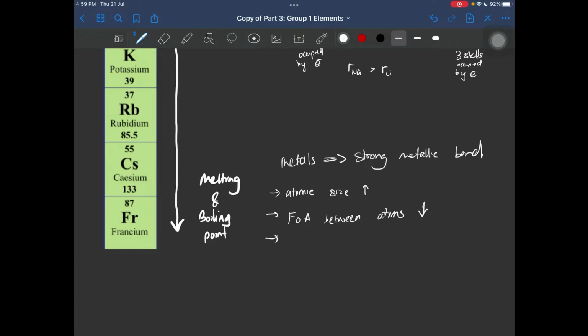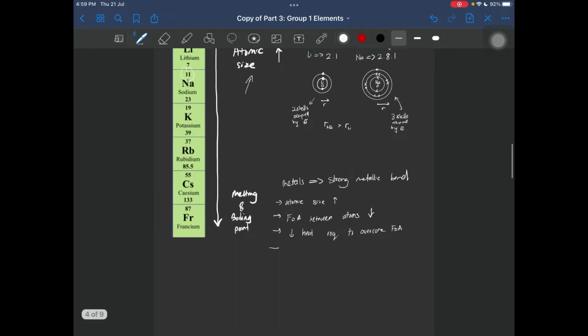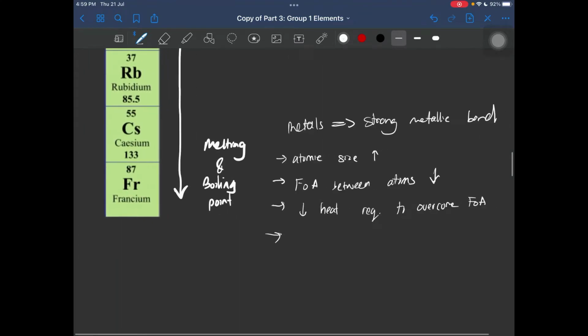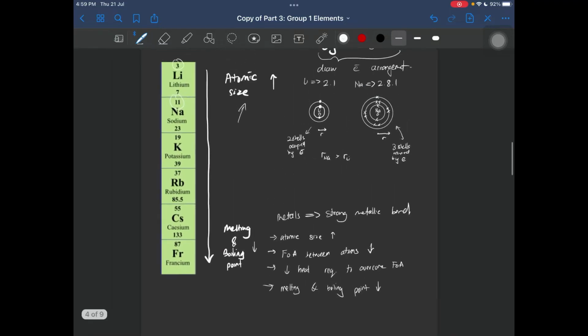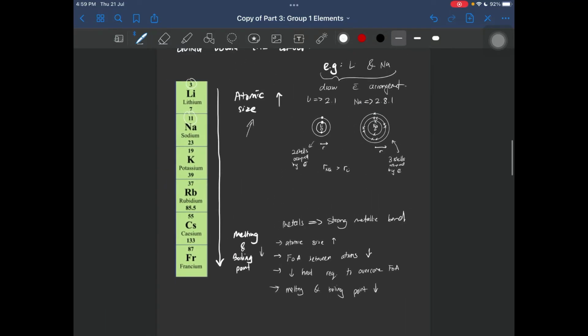And when the forces of attraction between the atoms decrease, less heat will be required to overcome the forces of attraction. And when less heat is required, the melting and boiling point will decrease. So going down the group, the melting and boiling point of group 1 elements will actually decrease, right?